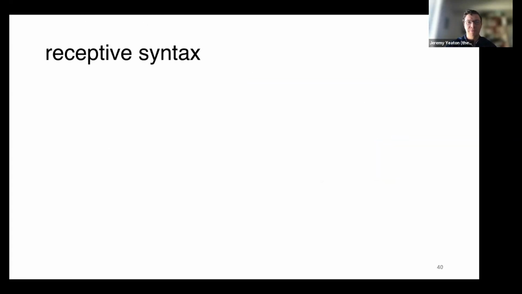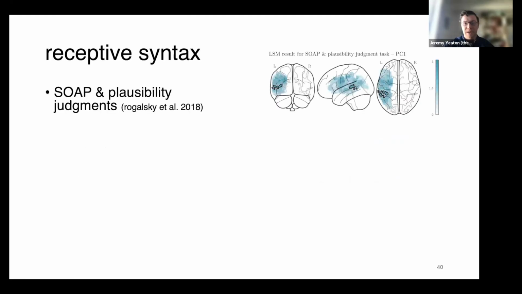So if we're looking at receptive syntax across a little bit more data, we have data from the SOAP, which is the subject relative, object relative, active, and passive, and plausibility judgments from Rogalski et al. 2018, and this nice little mid to posterior STS lesion, very exciting.